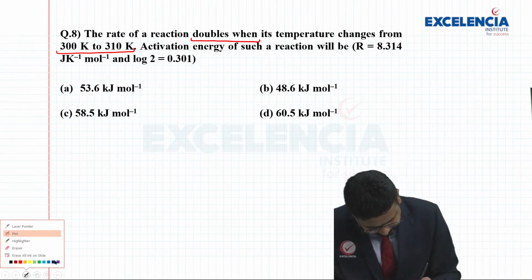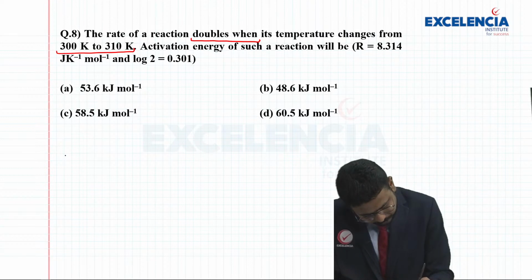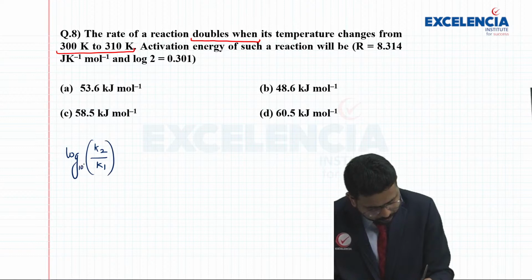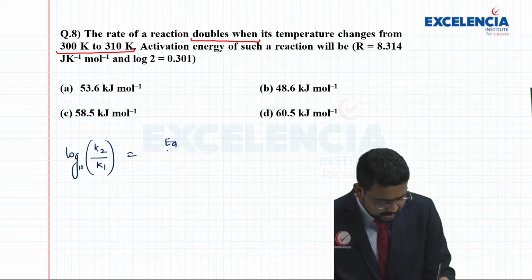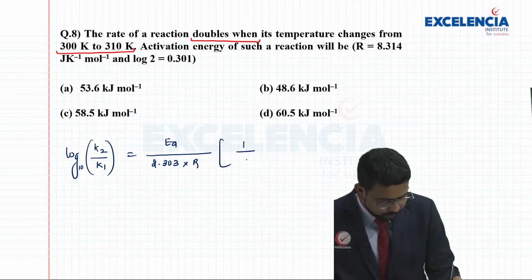Now, we know the Arrhenius equation here as log of K2 over K1, this is obviously to the base 10, so log of K2 by K1 is equal to EA over 2.303 times R, 1 by T1 minus 1 by T2.